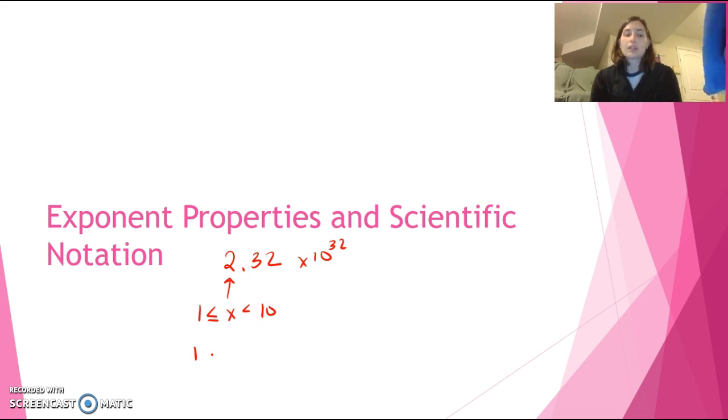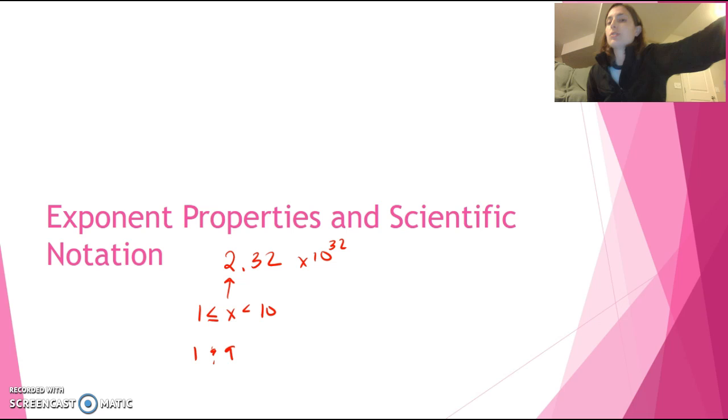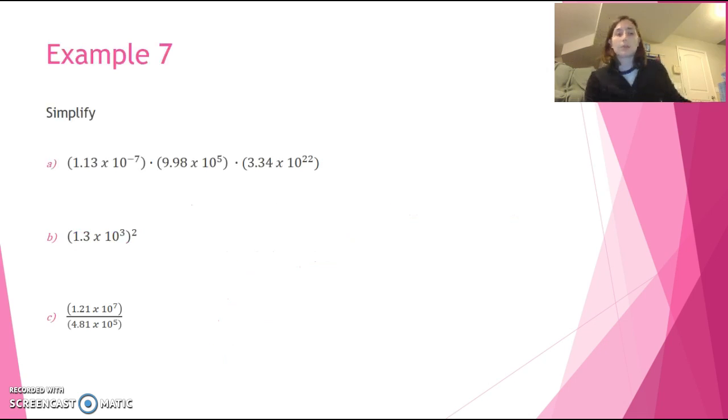So in other words, it has to be between 1 and 9, a one-digit number. If we have more than a one-digit number, then we're going to have to do some finagling, and we'll talk about that as we go through this. So let's go ahead and see these properties.